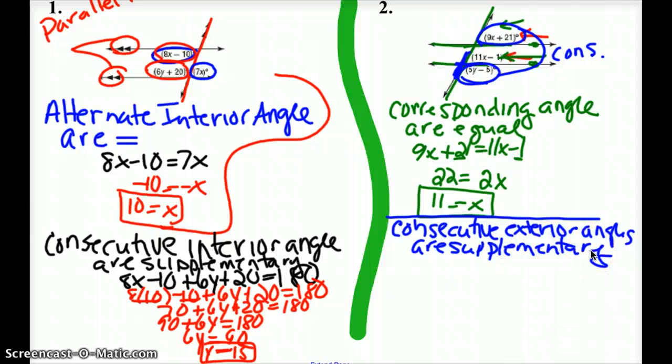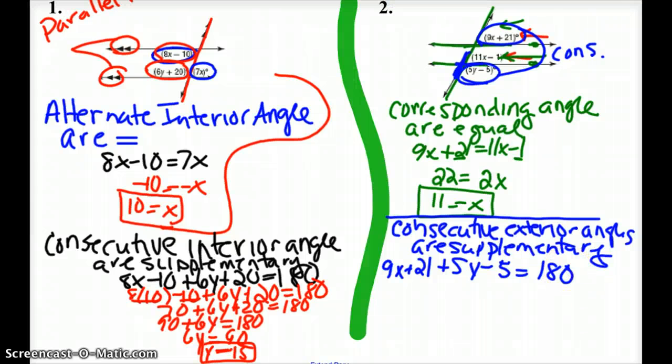And so now I need to go ahead and find those. So I'm going to take my 9x plus 21 and add it to my 5y minus 5 equals 180.